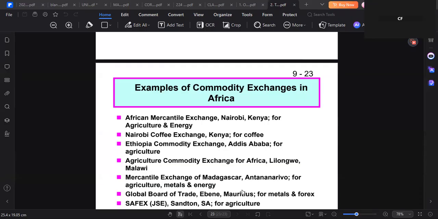So question number two is what is the distinction between money markets and capital markets? You can give two examples. What's the distinction between money markets and capital market?